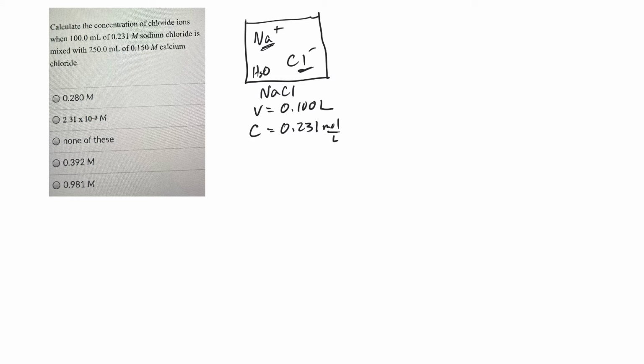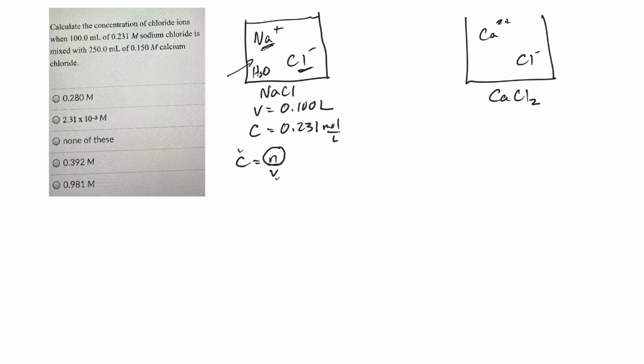Now using my formula, C equals n over V. If I know C and V, I can figure out how many moles of chloride ions are in this container. Same game over here. This time I have calcium chloride, so I have calcium ions and chloride ions in here. The volume is 0.250 liters and the concentration is 0.150 moles per liter.